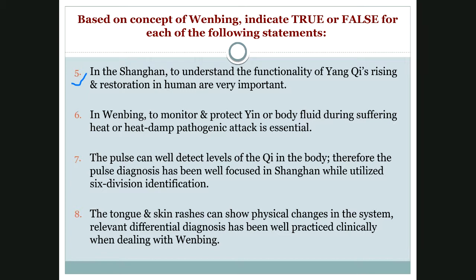Now, how about number 6? In Wenbing, to monitor and protect the yin or body fluid while suffering heat and heat-damp pathogenic attack is essential. So part of the question is already answered. But why, during the heat-damp pathogenic attack, do we still need to monitor body fluid? Because body fluid is a kind of yin substance. Once damp becomes a pathogen, it requires consuming a lot of body fluid.